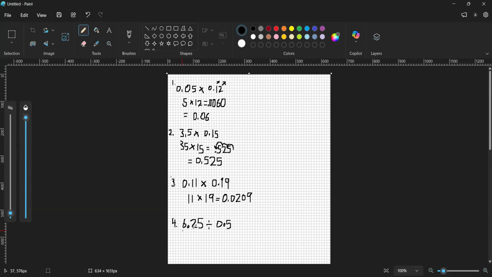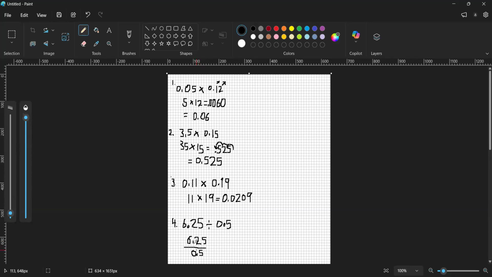The number on the left is the numerator, and the one on the right-hand side is the denominator. So this question would look something like this: 6.25 over, or divided by, 0.5.